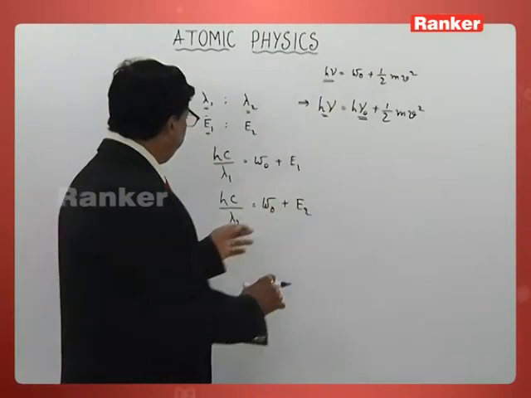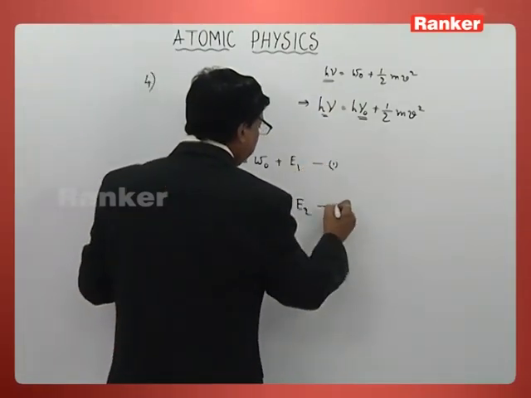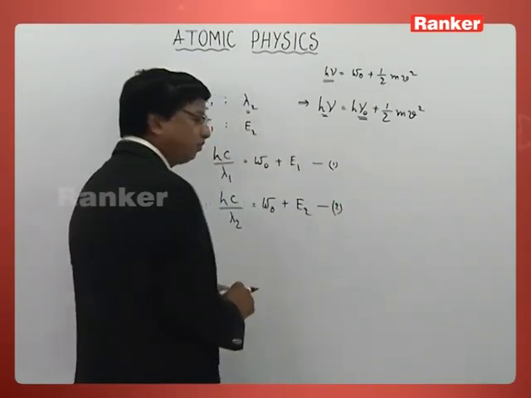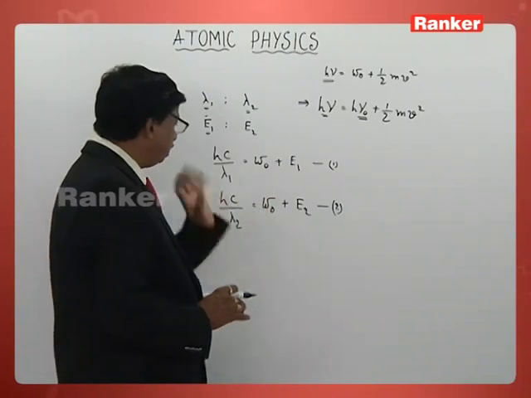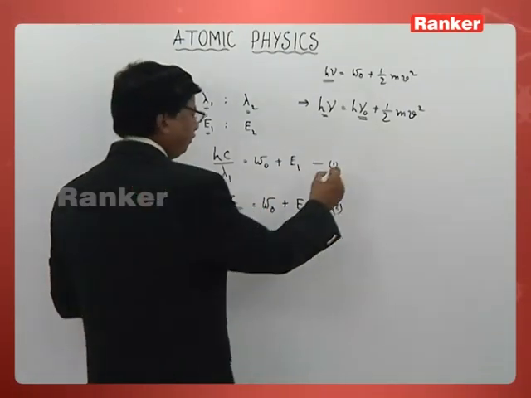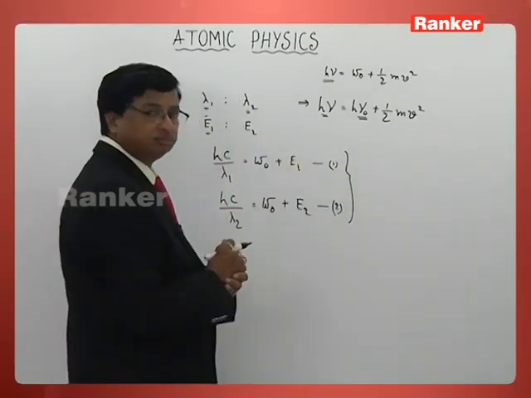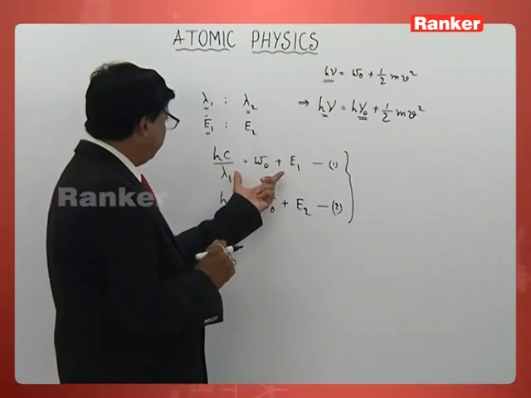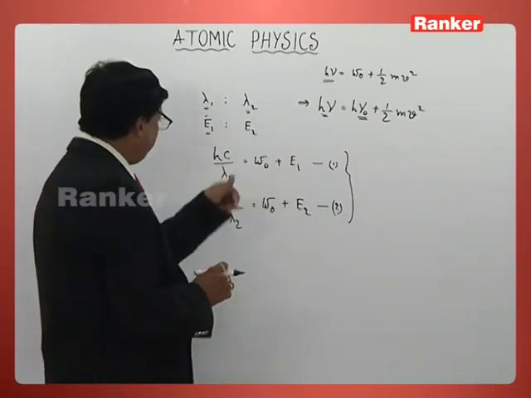So this being equation 1 and this being equation 2, our concentration is on W naught now. The simplest way of solving this is to take the ratio. Just divide the first equation by the second. Then hc gets cancelled.